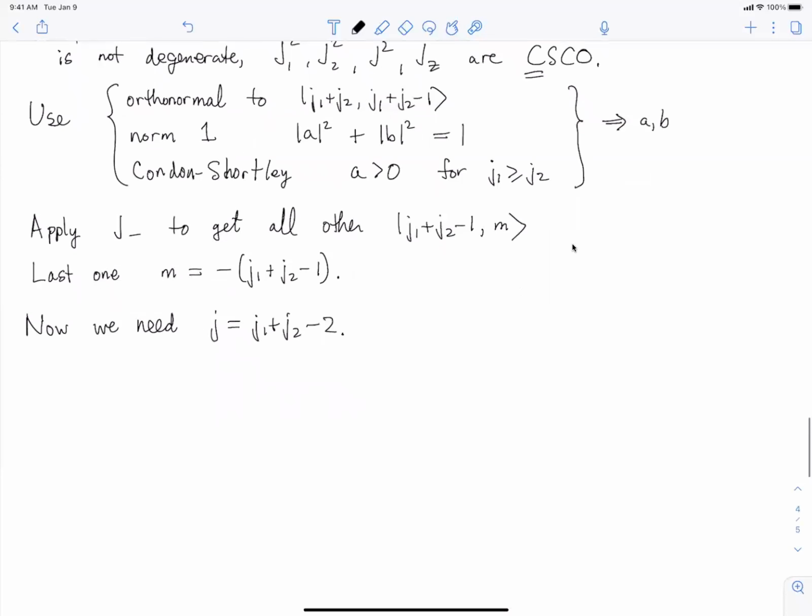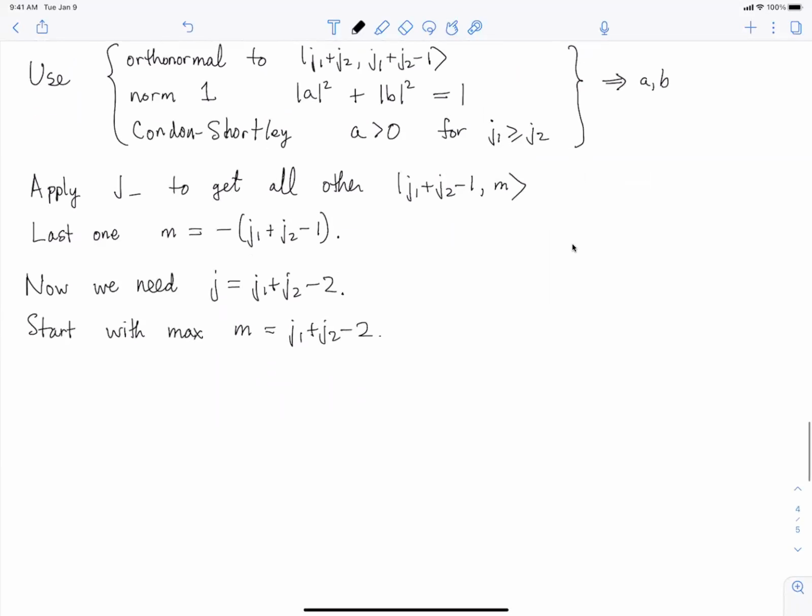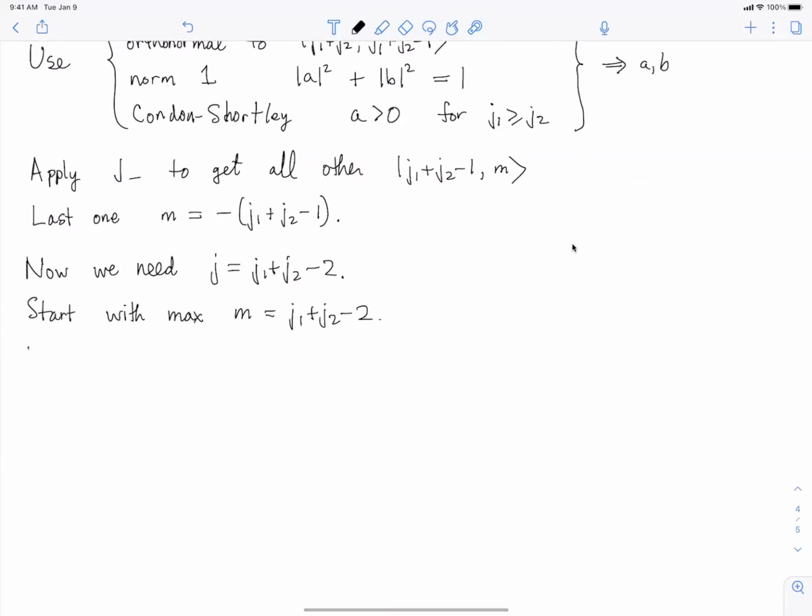Okay, and so again, you start with the maximum value. The maximum value for M is the same as J, so J1 plus J2 minus 2. All right, and so let's write down what's the most general possibility that that state could be. It's going to be J1 plus J2 minus 2, J1 plus J2 minus 2.